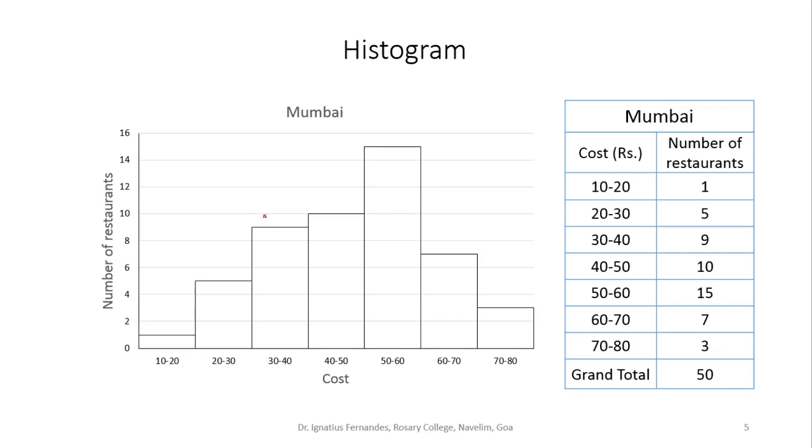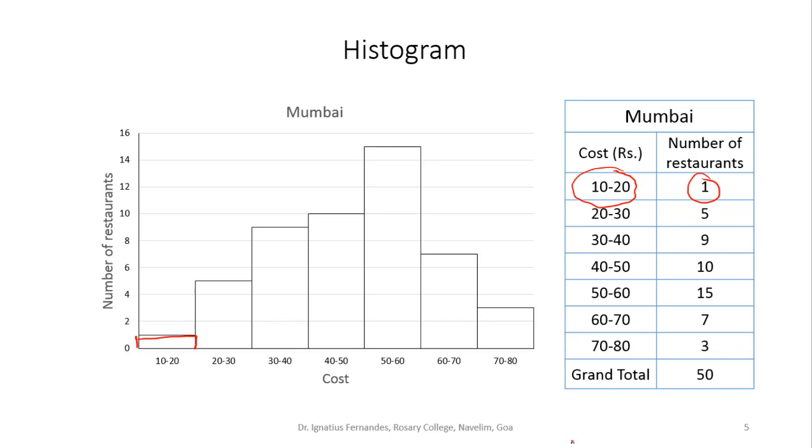Once I have done that, I look at the first class. The first class here is 10 to 20, whose frequency is 1. So I'll go here and draw a bar of height 1.